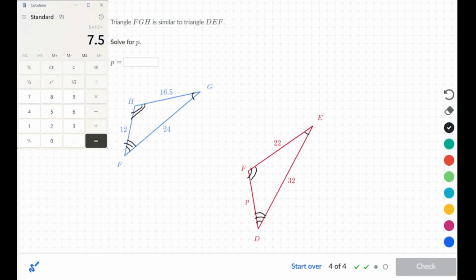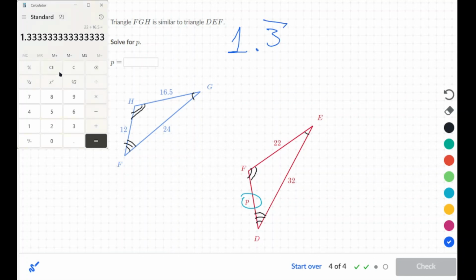So to get from 16.5 to 22, we divide. 22 divided by 16.5 equals 1.3333. So that is our number right now.